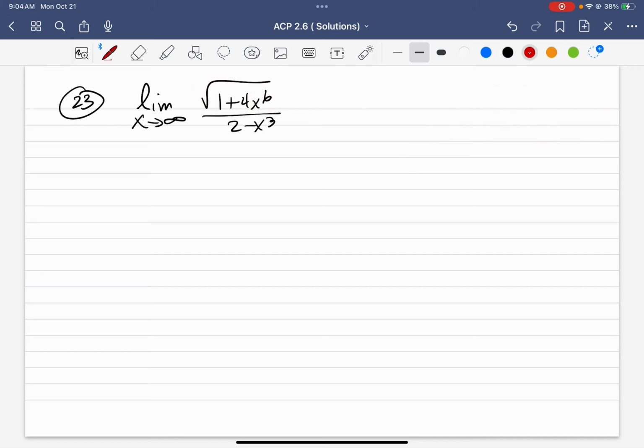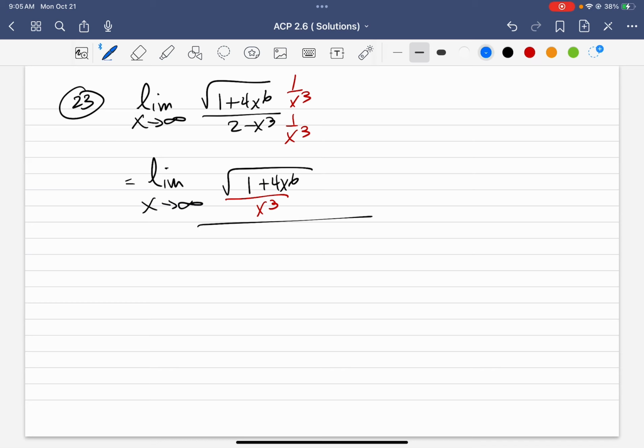So I'm going to multiply this thing by 1 over x cubed. When you do that, watch what happens. We get the square root of 1 plus 4x to the 6th over x cubed, divided by, so let's make this big divided-by line really obvious, on the bottom, 2 minus x cubed all over x cubed.